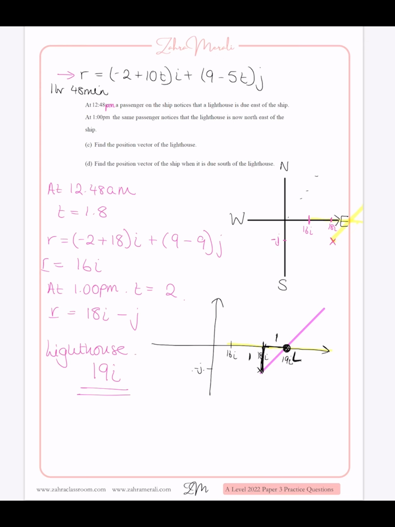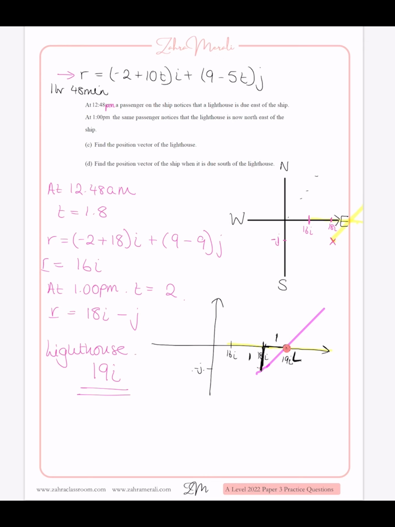Right, next step. We've got to find the position vector of the ship when it's due south of the lighthouse. So when it's due south, what do we know for definite? We've now got our lighthouse, which is over here. So that orange dot, and I know that it's due south.